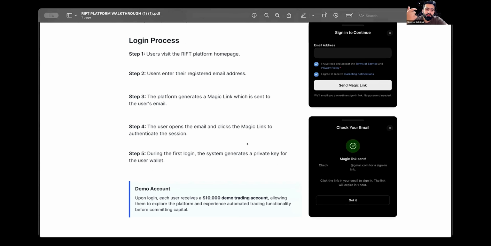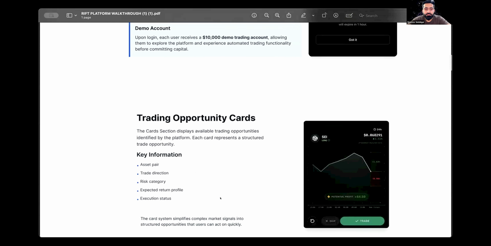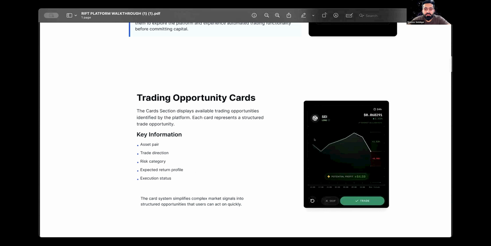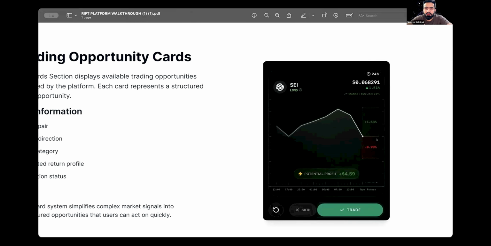Once you log in with the magic link, you will receive a $10,000 demo trading account, which will enable you to experience the automated trading functionality before committing capital. And these are the trade opportunity cards that you will see. Over every card, you will see the potential profit.